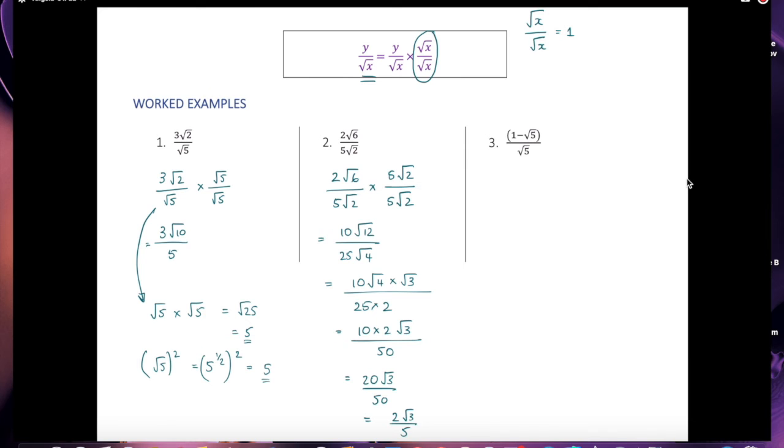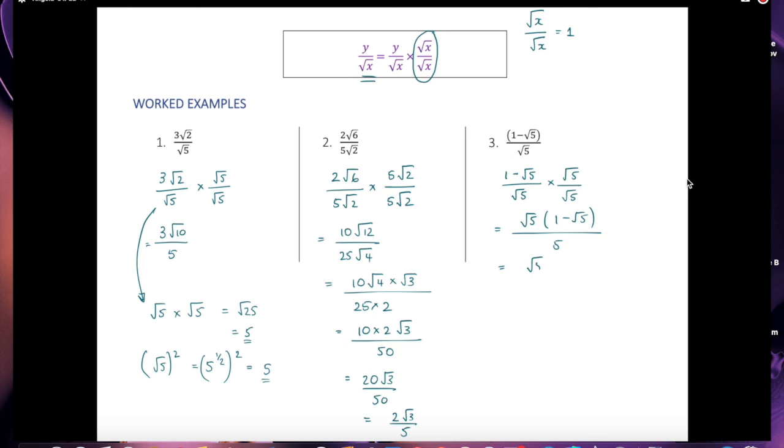And then the last one is going to be a little bit trickier, but it's not going to be too difficult. Let's rationalize this by multiplying it by its denominator. It's going to end up looking something like this. I'm just going to simplify my denominator to 5, because we know that it's going to be that.